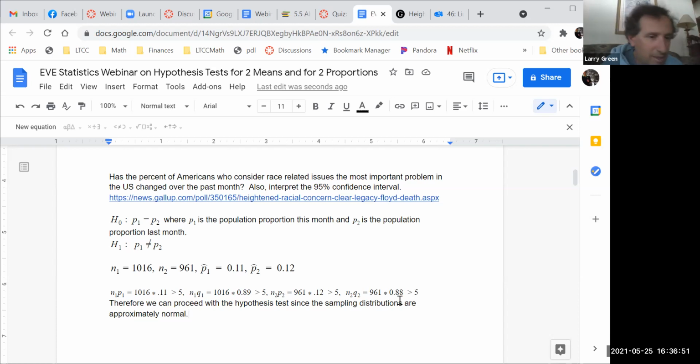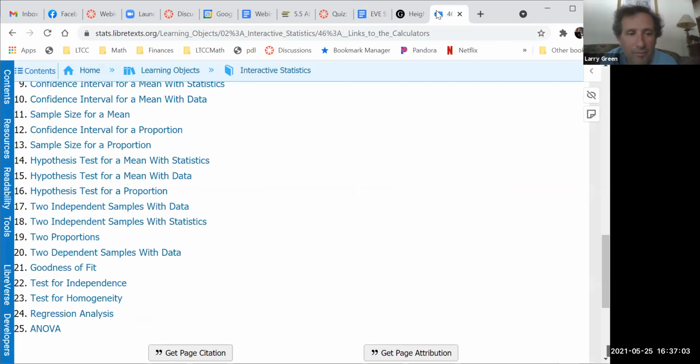So see if you can tell me. Yeah, we go to our calculator. Okay, so let's go to the calculator. See if you can guess which calculator I'm going to use. We haven't used it yet, but that doesn't mean you shouldn't be able to see which one.